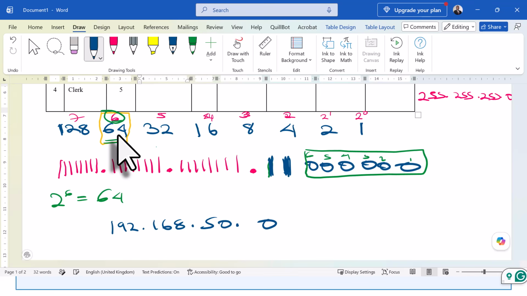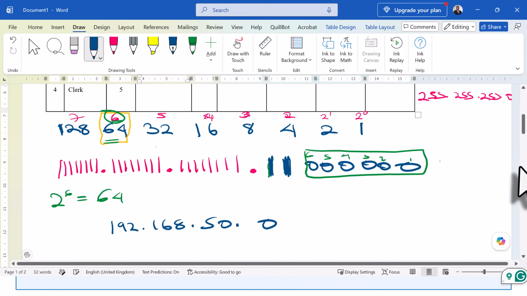Initially we had a total of 8 host bits. We only need 6, so we don't need the other 2. We give these leading bits to the network portion by converting them into ones. So our initial subnet mask had a total of 24 network bits.